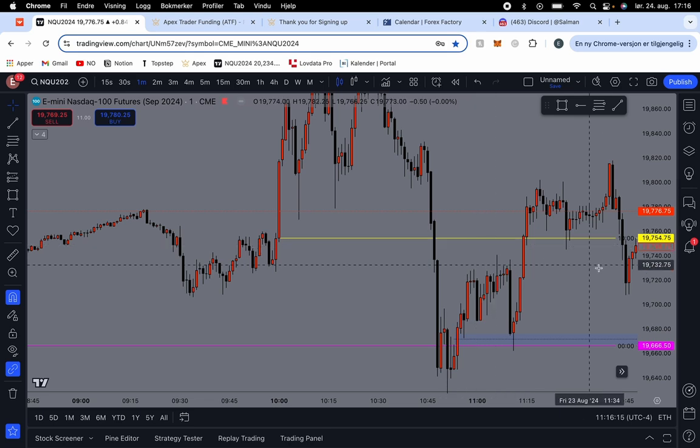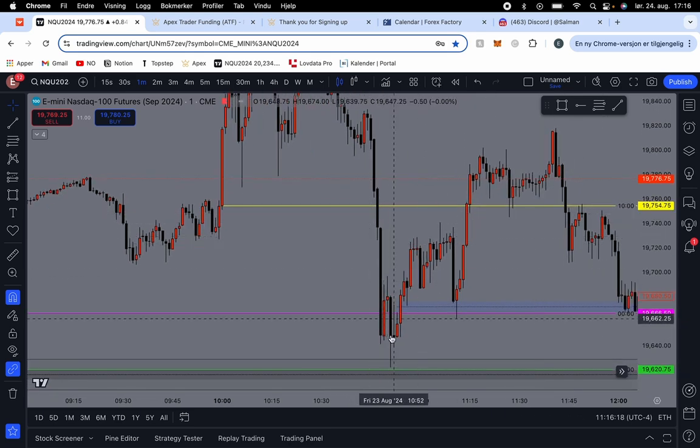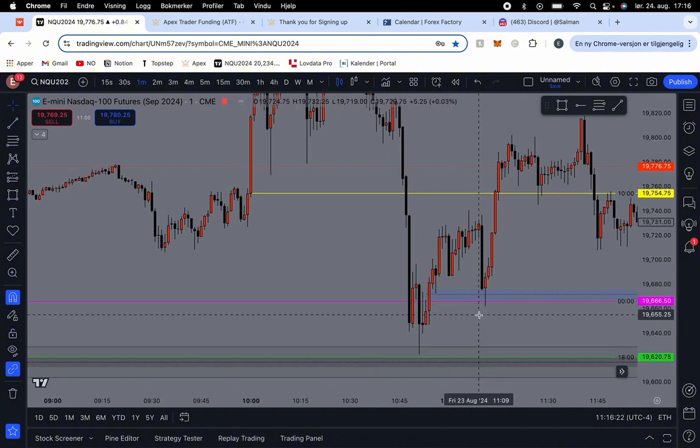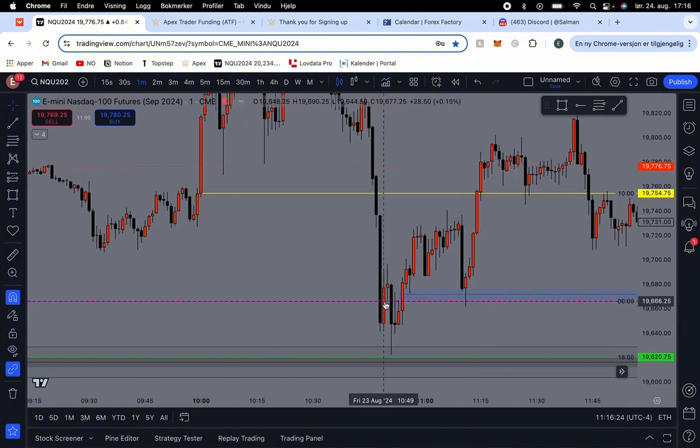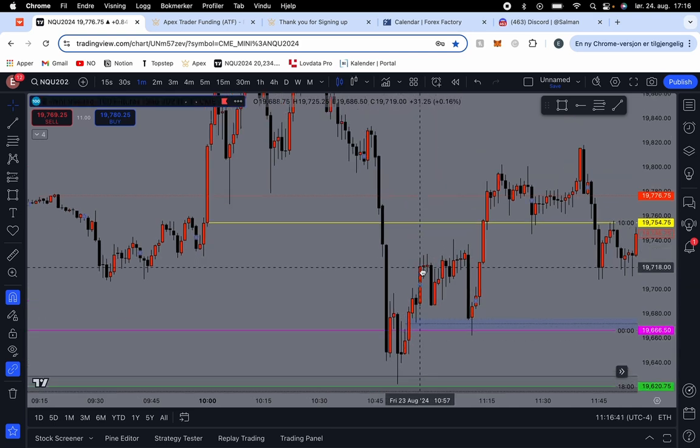However, it's kind of stopped working. Like you see, it gets ran through right here because you don't have the proper context. Like in May, June, July-ish, this would probably have given a bigger reaction, to actually take a proper trade off of. But here you see it gets ran because we have this target down here.